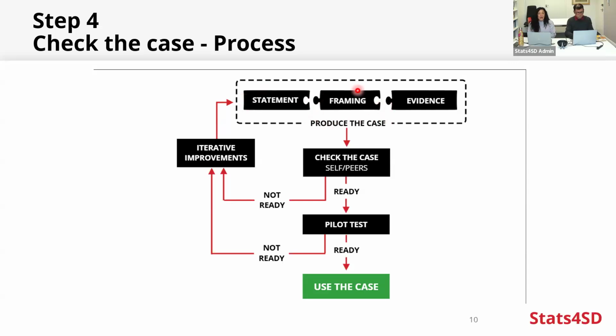Then you will decide how to frame your case and the strategy that you will use to communicate to your audience. As we mentioned, it could be a comparison between specific agroecological practices and conventional practices. It could be value-based, it could be rights-based, and then the evidence that you need to support the statement and the framing. So you will check the case first with yourself and with peers or members of the target audience.